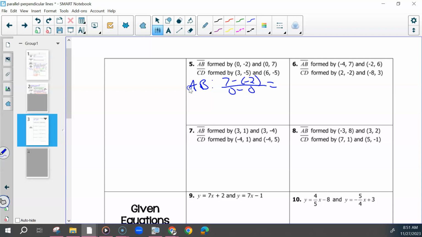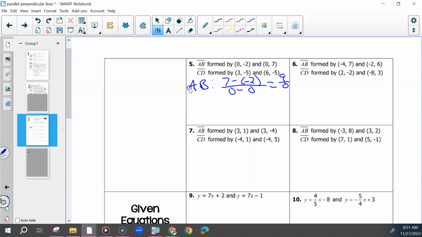What is our slope there? What would this simplify to be? At the end, yes. So right now I'm just going to put it as 9 over 0.